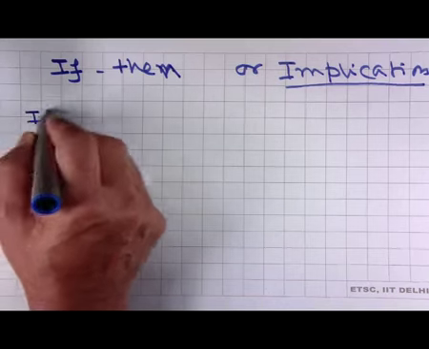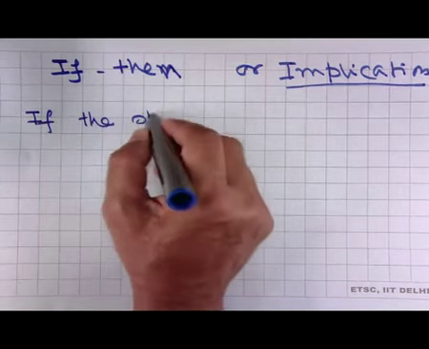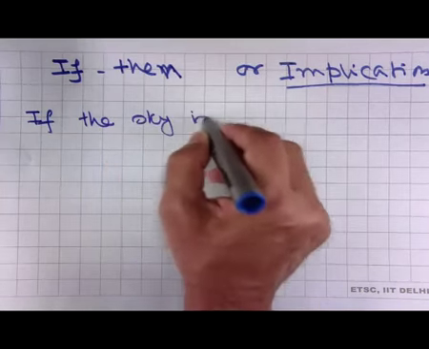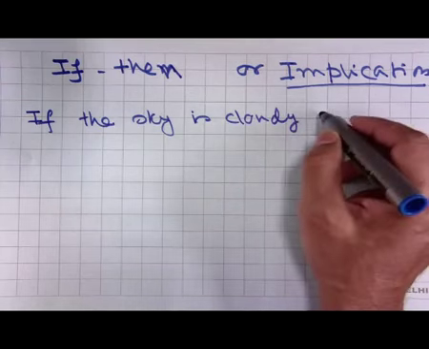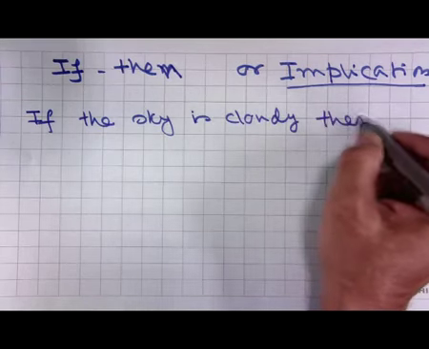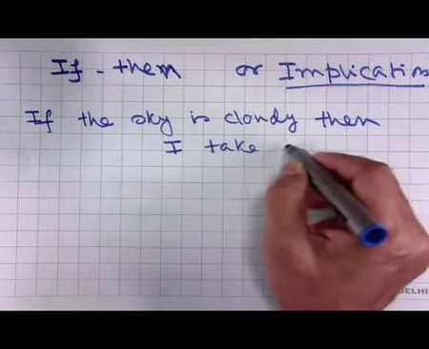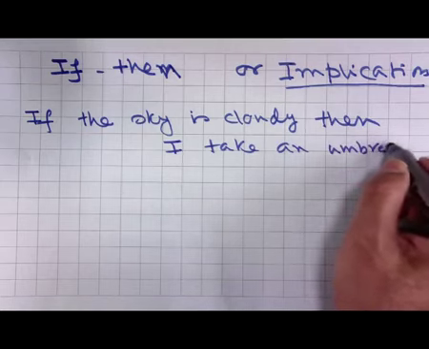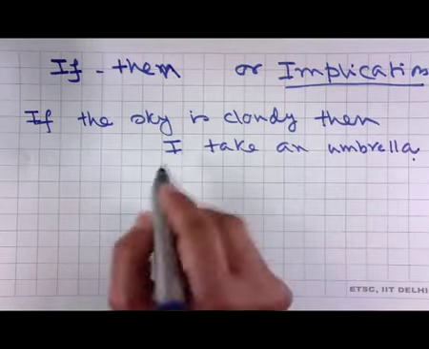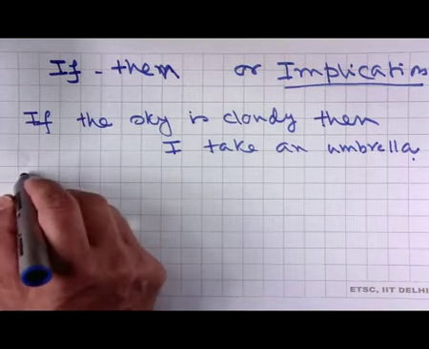If the sky is cloudy, then I take an umbrella. So, we can represent it mathematically in the following way.